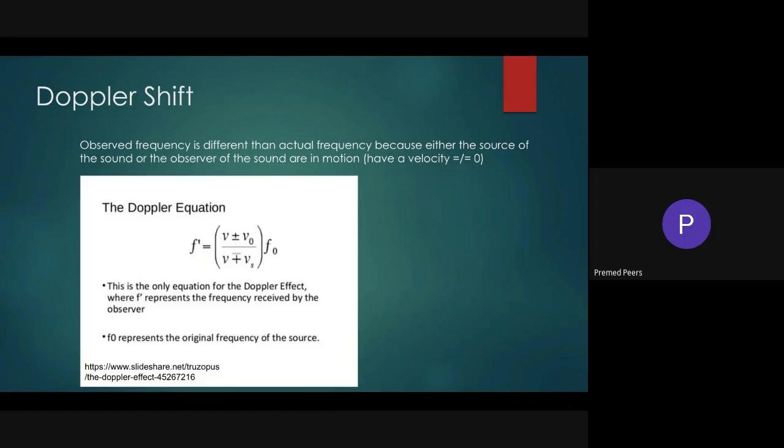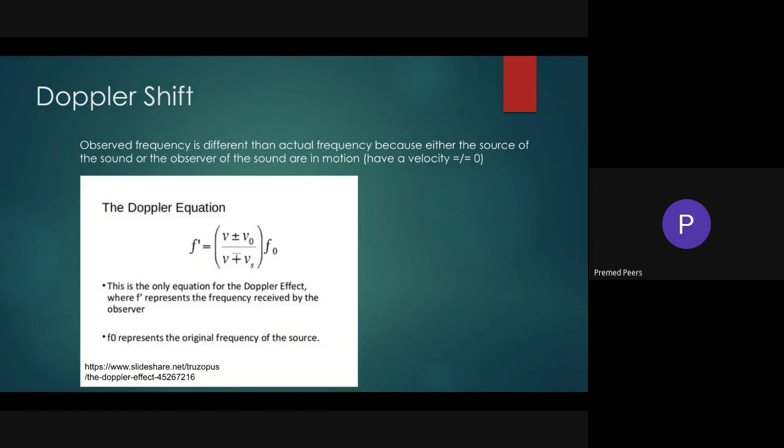And now when it's going away from you, that's going to have a negative velocity. So at that point, you are adding to the denominator.